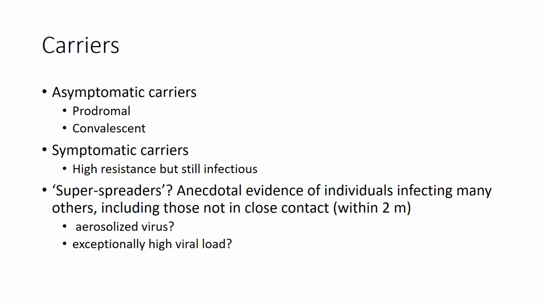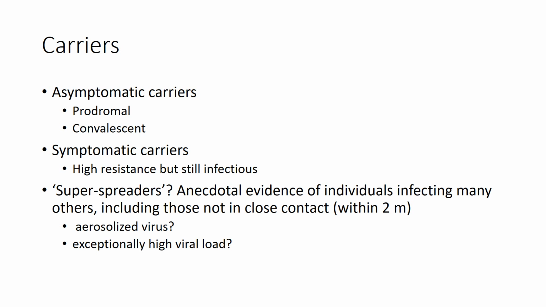The idea of carriers is that people carry the virus and are able to transmit it to others. And the two categories that you can consider here are asymptomatic carriers and symptomatic carriers. In other words, people that don't show any signs, aren't sick themselves, are asymptomatic carriers.